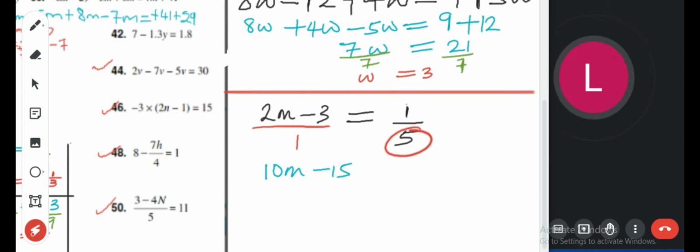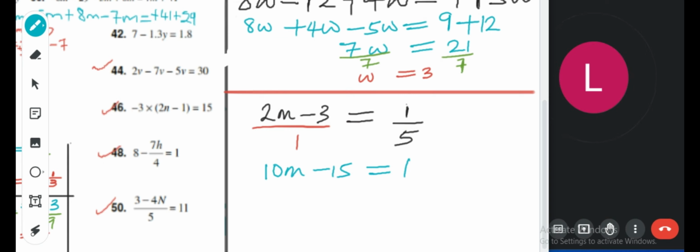Remember, the whole 5 must multiply everything here because you are cross multiplying. So 5 times this, 10m. 5 times minus 3, minus 15. So we are done with this cross multiplication. We can go to the other one, 1 times 1. And 1 times 1 will give us 1.